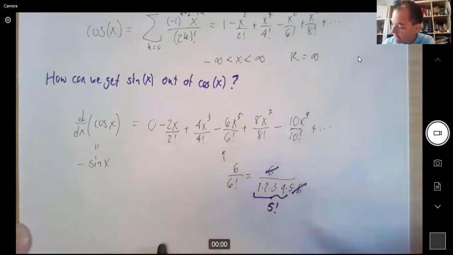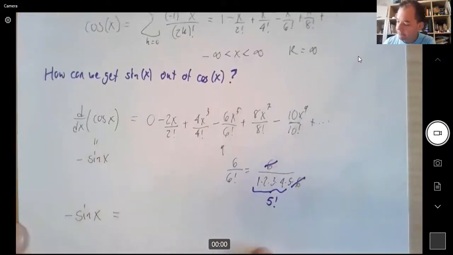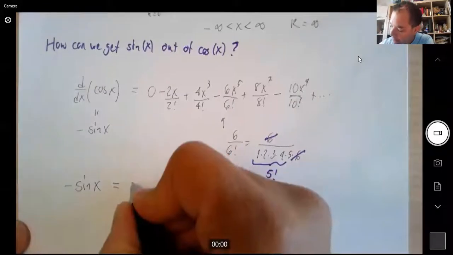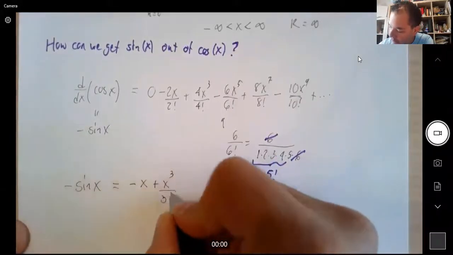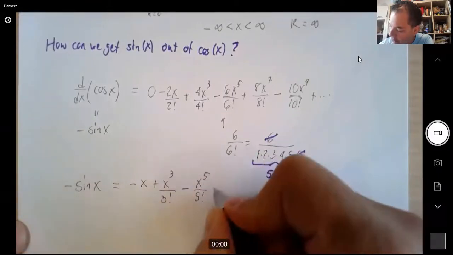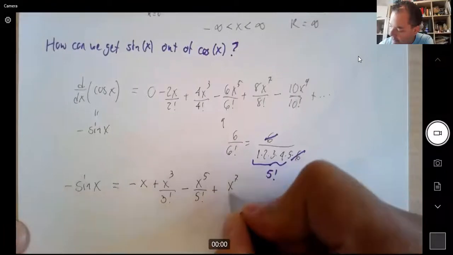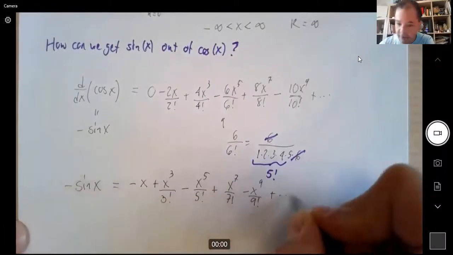So this simplifies: negative sine x equals negative x plus x cubed over 3 factorial minus x to the 5 over 5 factorial plus x to the 7 over 7 factorial minus x to the 9 over 9 factorial, etc.